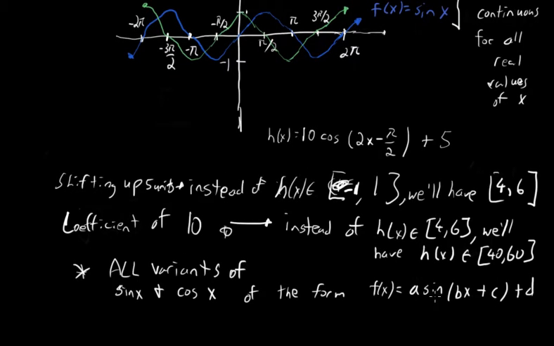Again, this a corresponds to the 10 here. This b corresponds to the 2 here, so how fast the function repeats. And c corresponds to this minus pi over 2, so the horizontal shift. And d corresponds to the 5 here, so the vertical shift. So all variants of sine x and cosine of x of this form are going to be continuous for all real values of x.